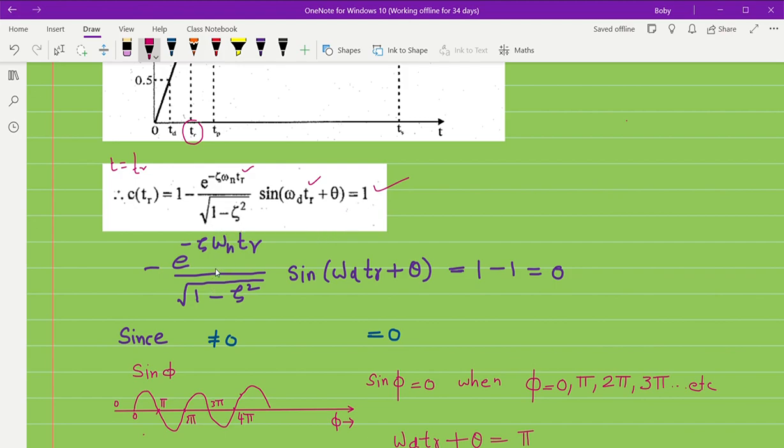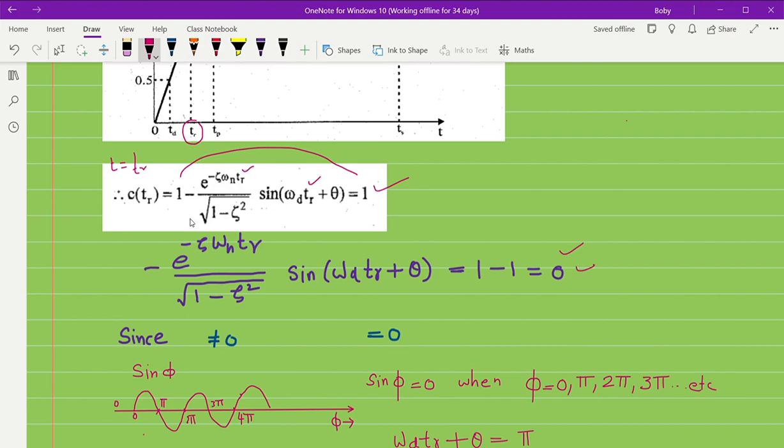When we equate it to 1, the 1 on the left hand side goes to the right hand side, so 1 minus 1 will be equal to 0.